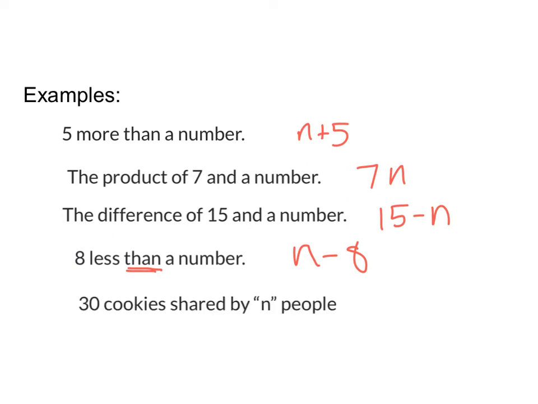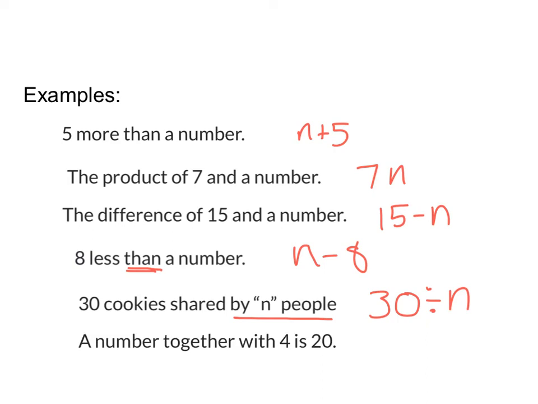30 cookies shared by n people, or a certain number of people. You should have written 30 divided by n. Notice the way that's written, shared by n people. That means that the number of people should be represented by the letter n.